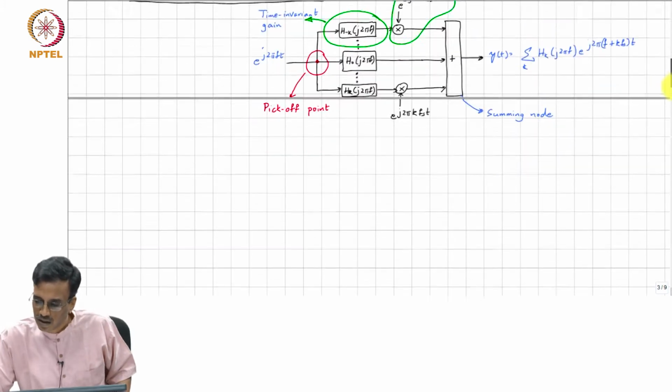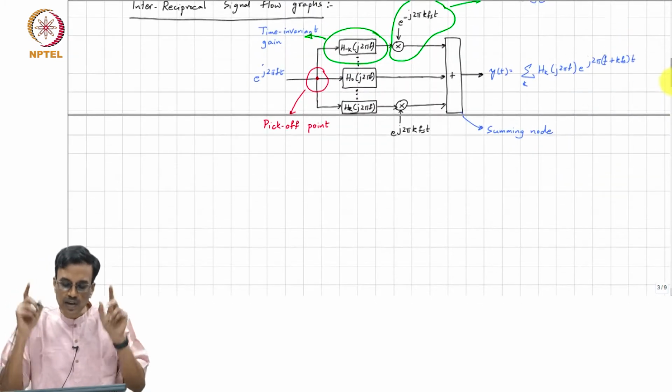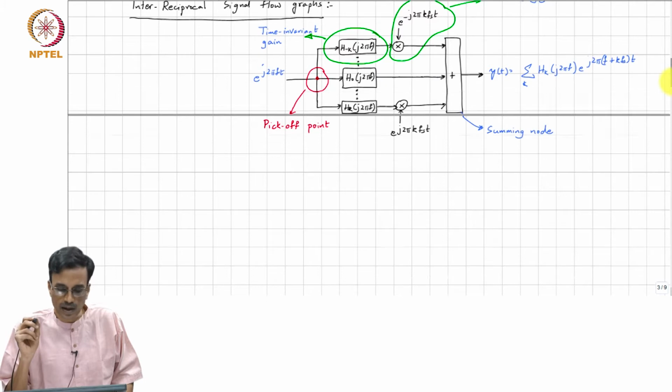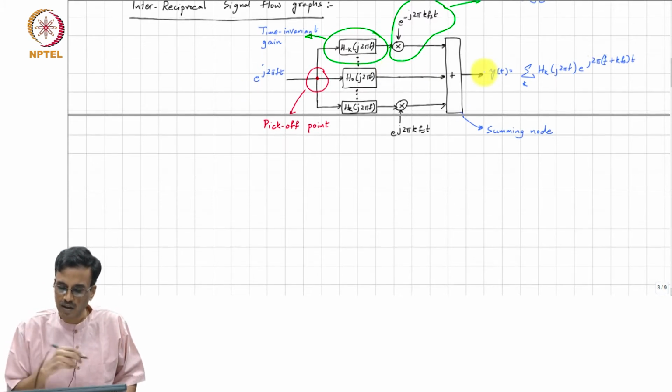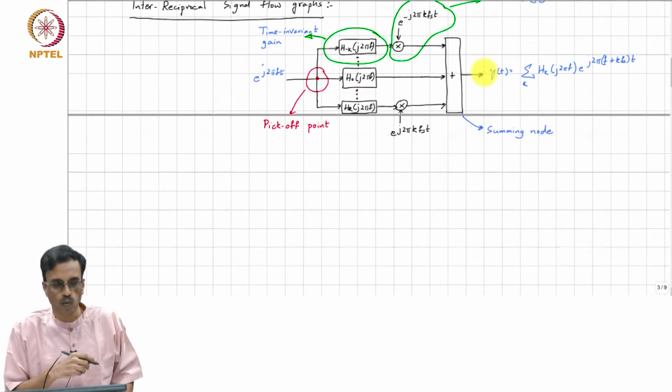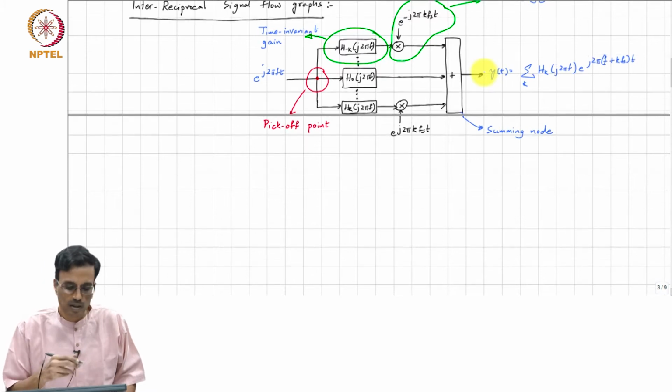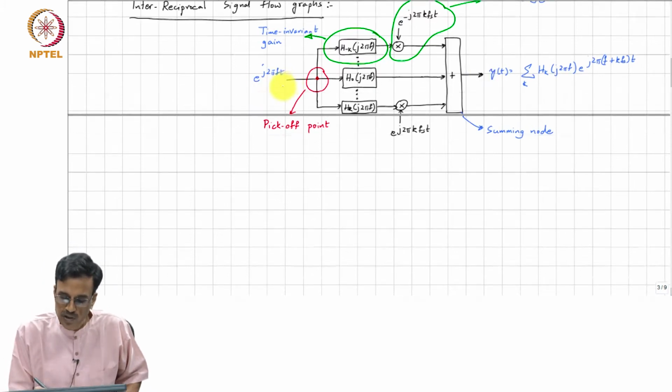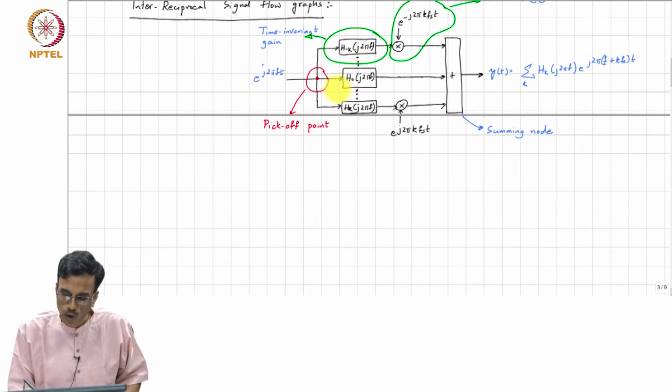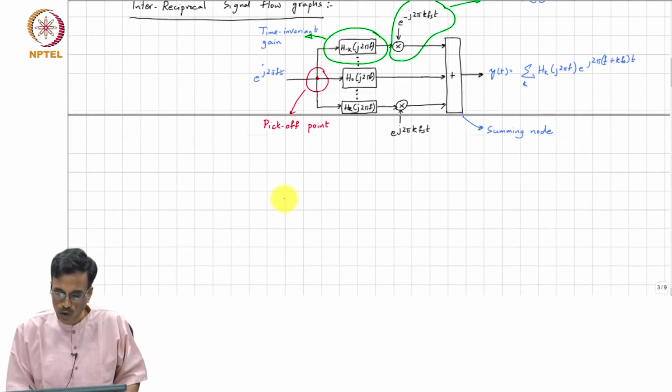To do that, I am going to think of the signal flow graph as everything being voltages. The input is a voltage, and if you want to generate 3 copies of the input voltage, what would you do?